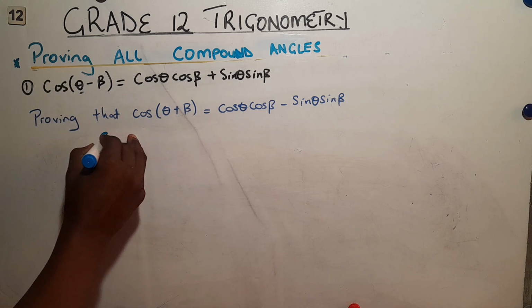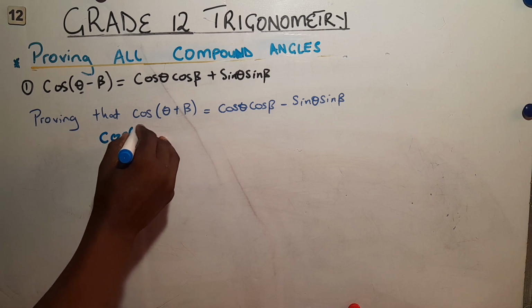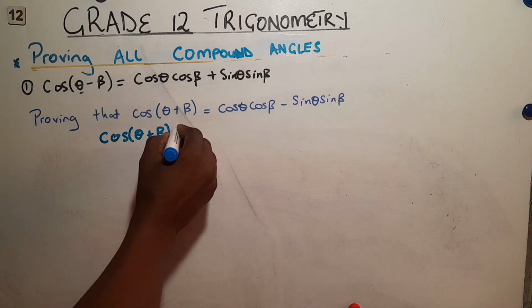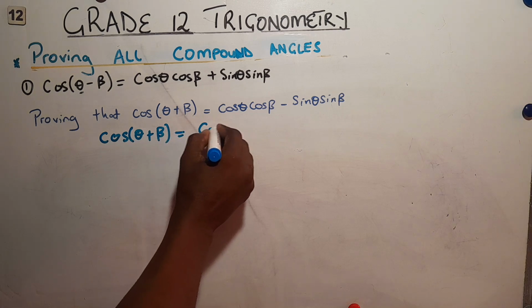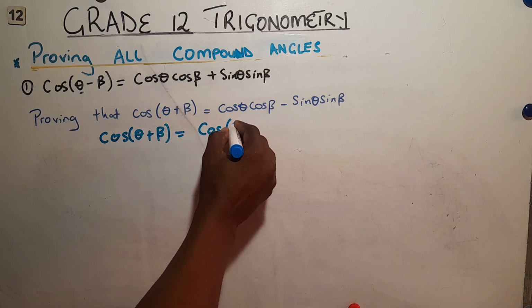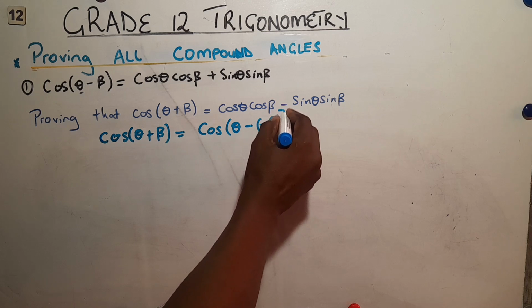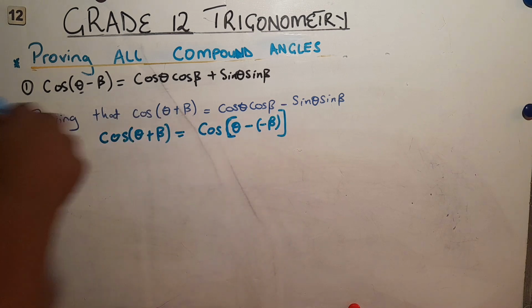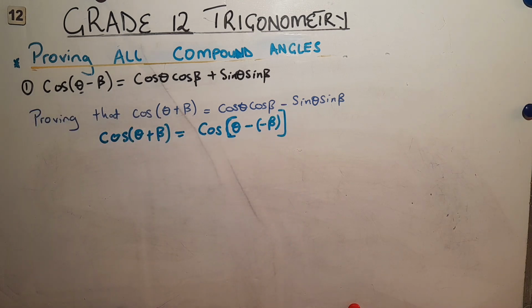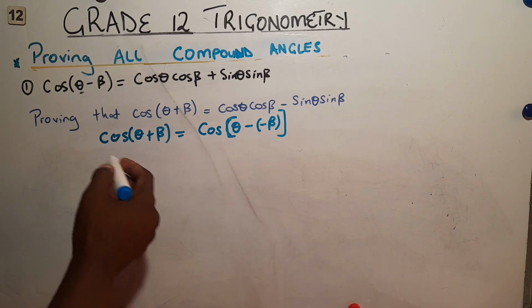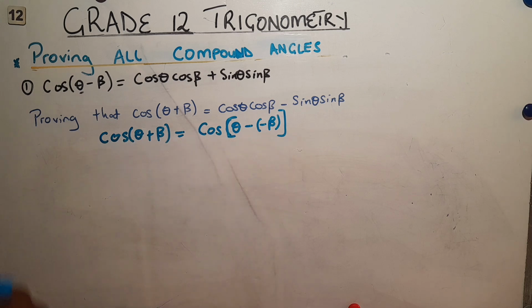We know that this cos (theta plus beta) is the same as cos of (theta minus negative beta), like that. So we can see that negative and negative gives us positive. So this is actually equivalent to that.